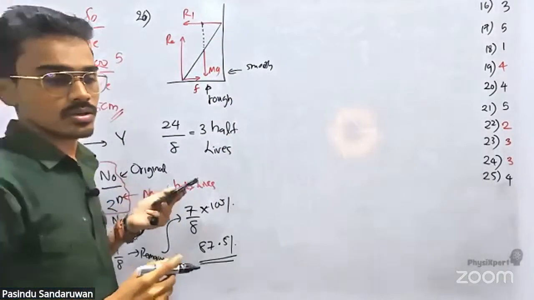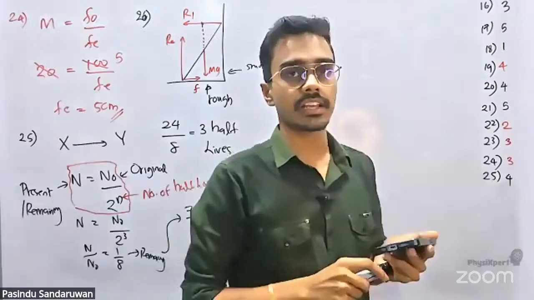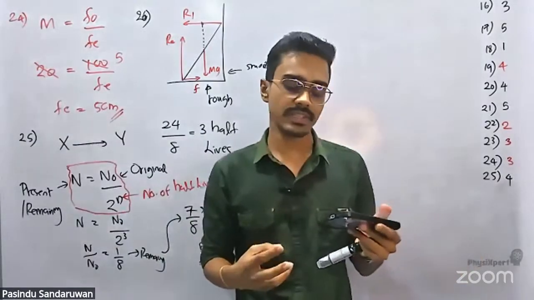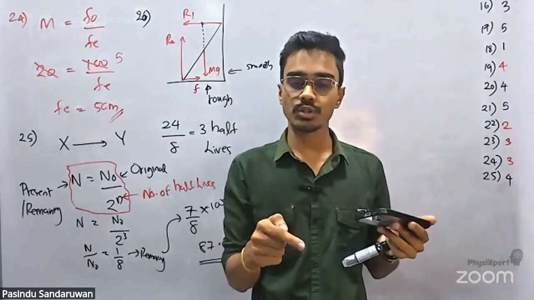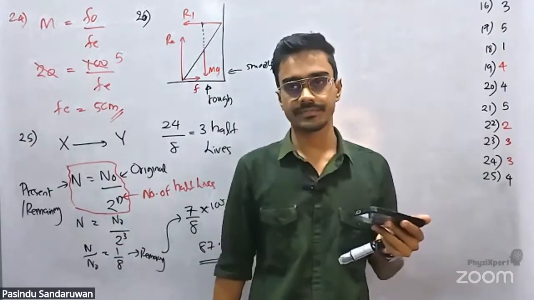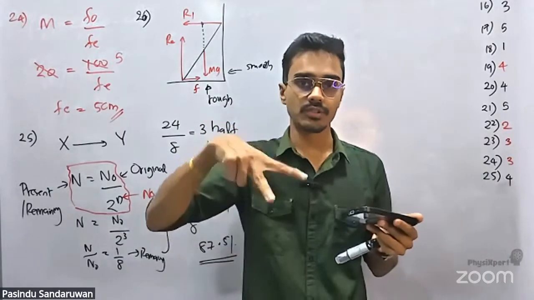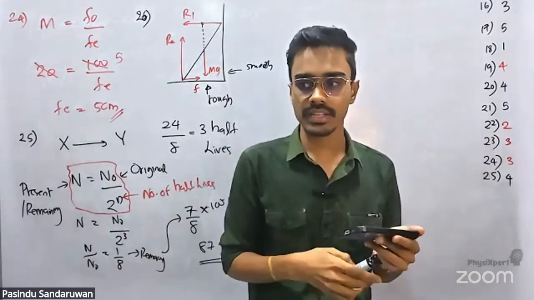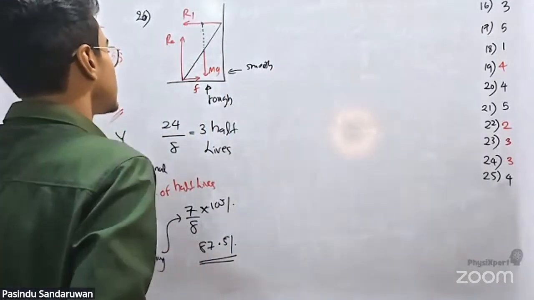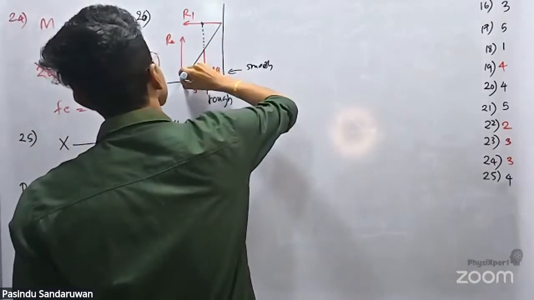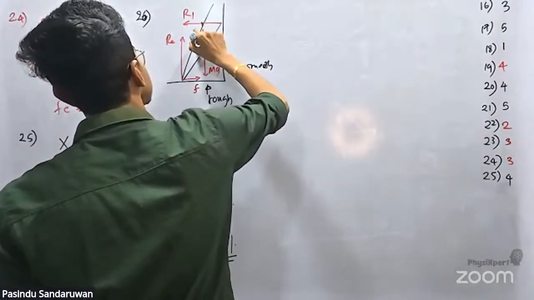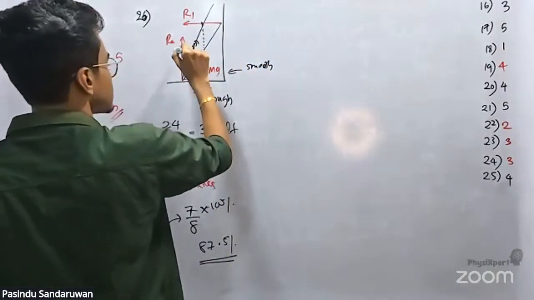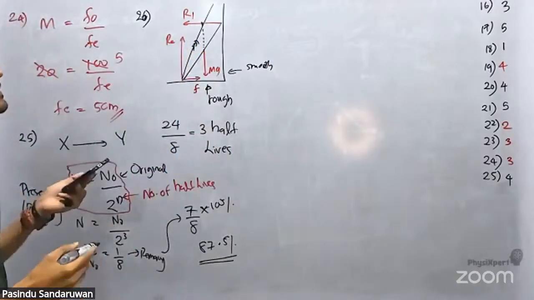If an object is in equilibrium under three non-parallel forces, all three forces should go through the same point. So the resultant of these two should also go through the same point, like this. This is the resultant of both of them.